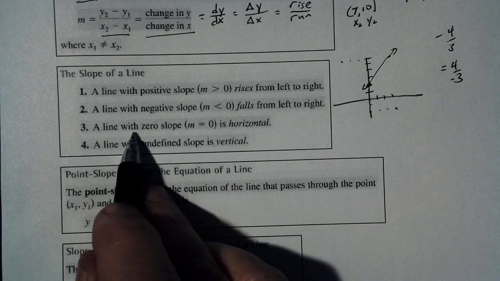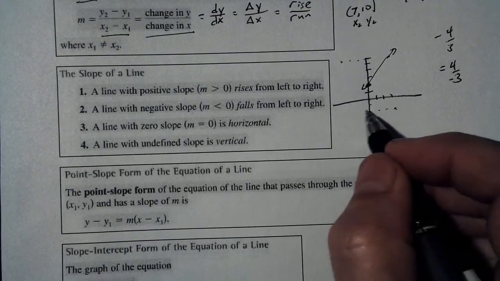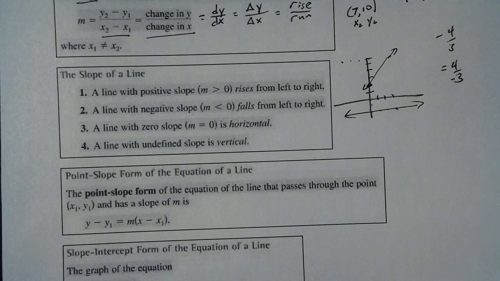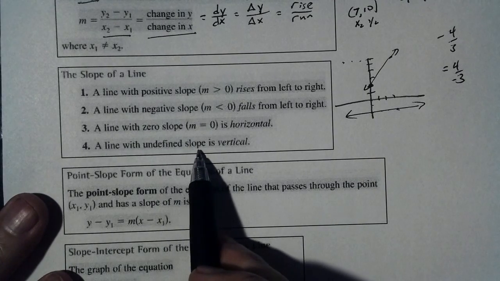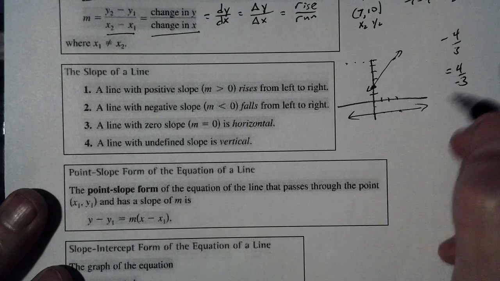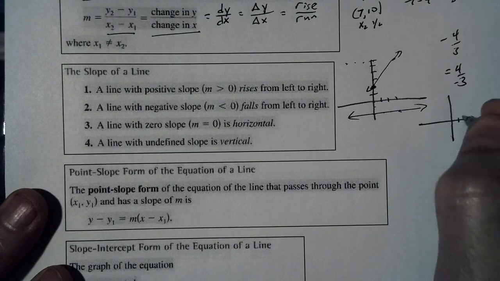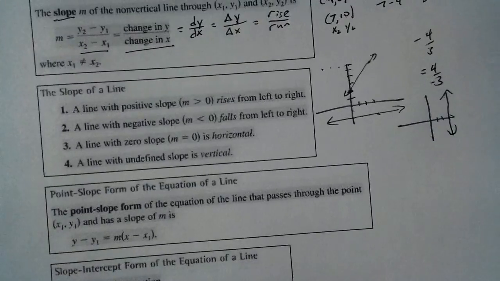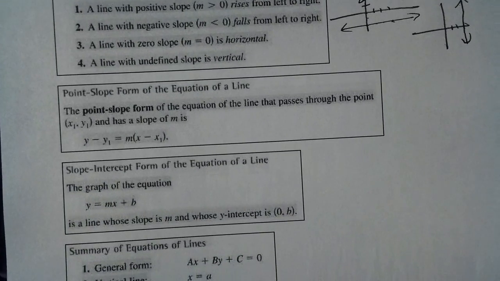Just as we would think, a line with slope 0 is just a horizontal line, and that makes sense. And a line with undefined slope, so steep we can't give it a number, like slope infinity, is a vertical line.